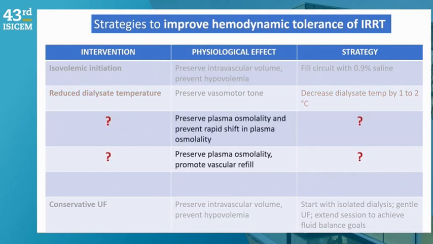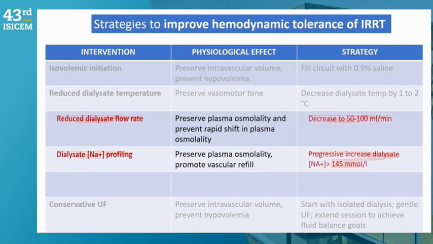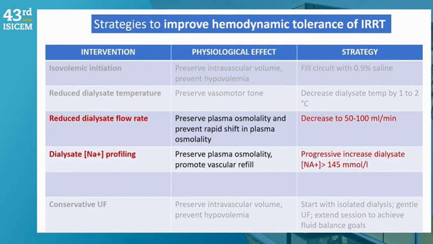Next question, to preserve plasma osmolality and to prevent rapid shift in plasma osmolality, you think that it could be associated with hypotension? Somebody want to answer? Okay, I will do. So you can reduce the dialysate flow rate. It's very easy.